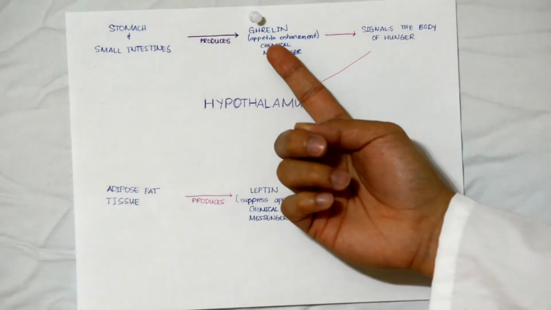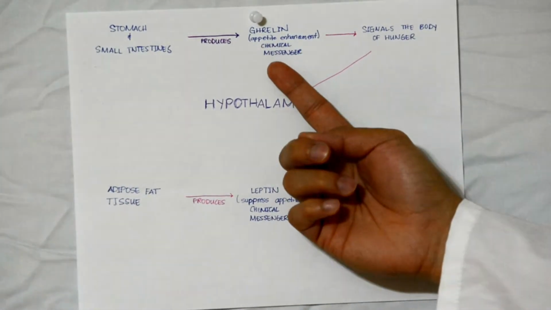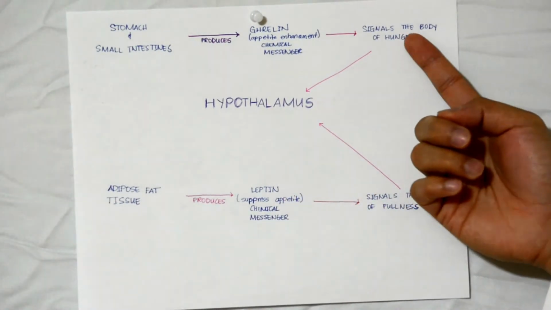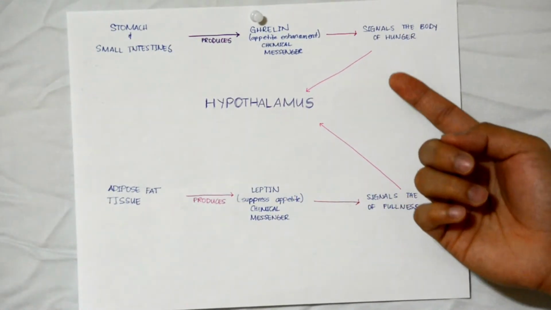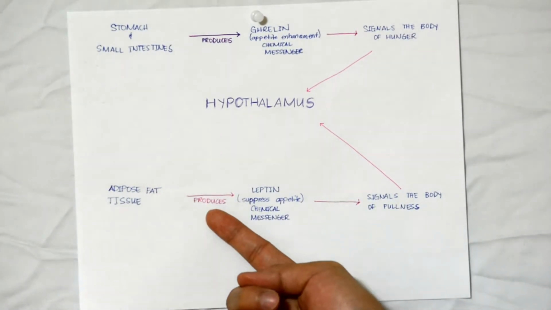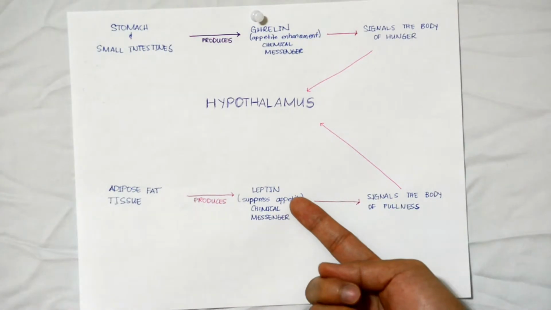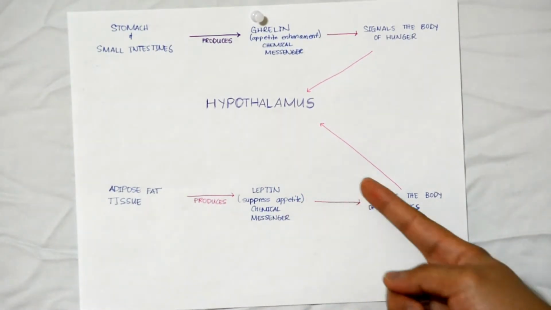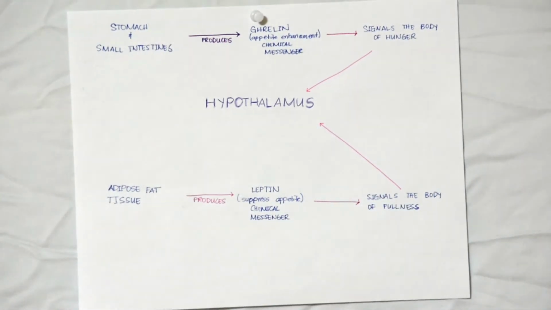It's an appetite enhancer, which is also a chemical messenger, which binds onto the hypothalamus to signal the body of hunger. But when the body is full, the adipose fat tissue produces leptin. It suppresses appetite and is also a chemical messenger that signals the body that it is full.